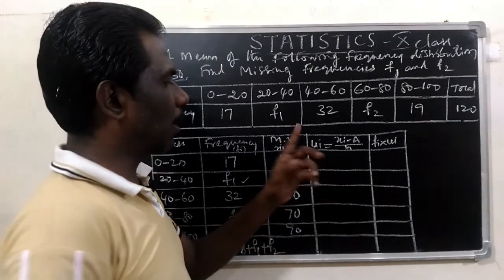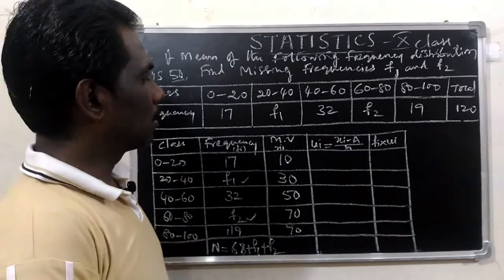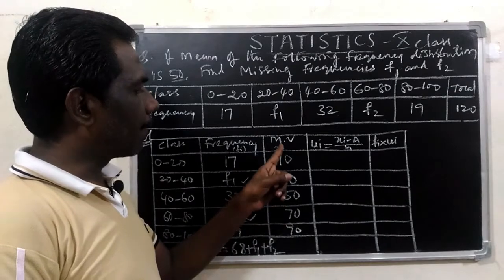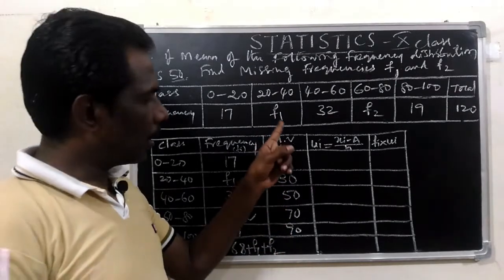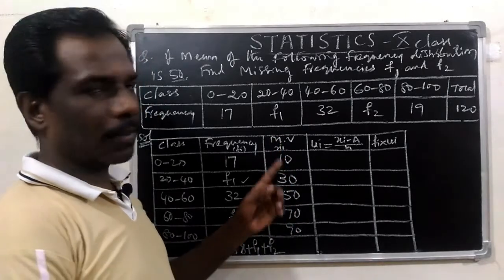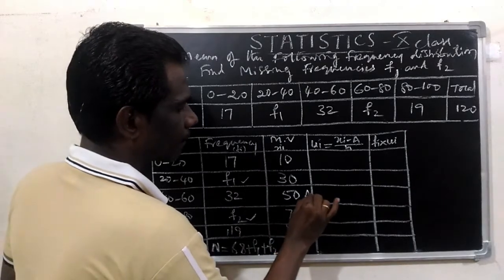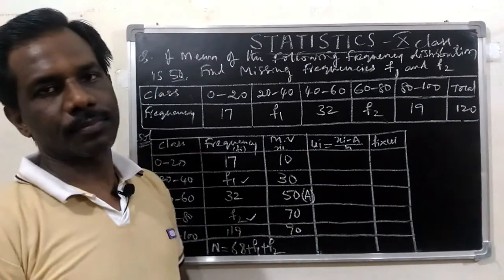Before finding the ui value, select the a value. But the a value is selected from the xi, mid value. Any one you can take as a from the xi values. So here I am taking this 50 as a.